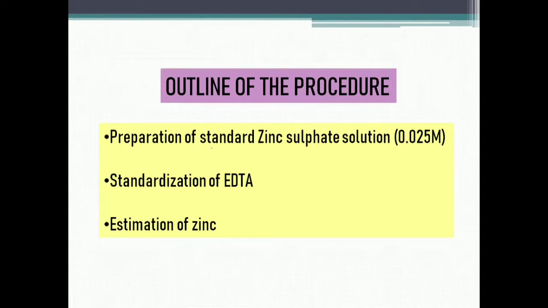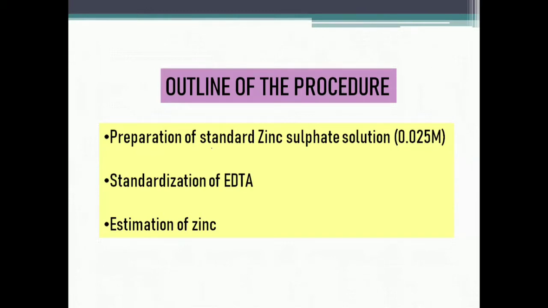Using this, we pipette out 25 ml of this solution, and then by making use of Eriochrome Black T, that is EBT indicator, we standardize the EDTA solution which is given. We get approximately 0.025 molar EDTA solution, but the exact concentration is determined in the second step.